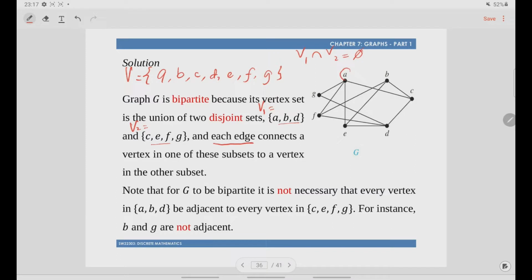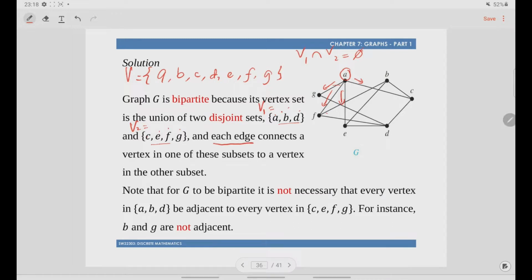For the vertex A, it is connected to G, F, E, and also C. From A, it connects to C. And C is also connected to E, F, and G. So from one set, it connects to the other set. The same goes with B and also D. Alright, so that's why we conclude that this graph is bipartite.